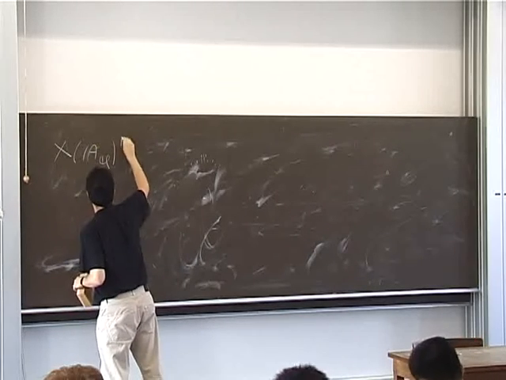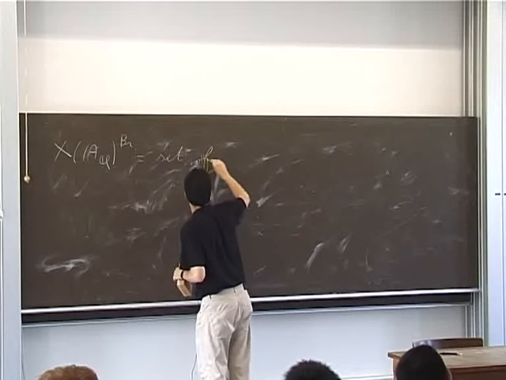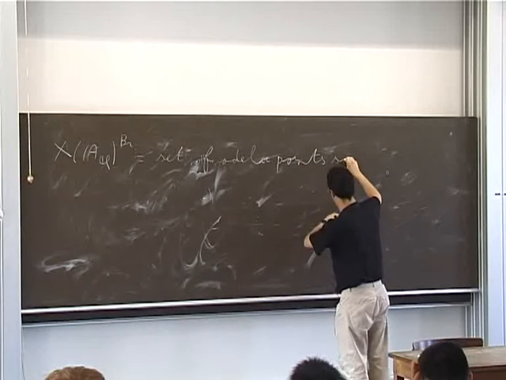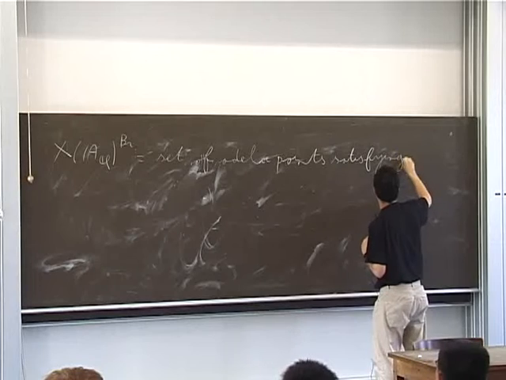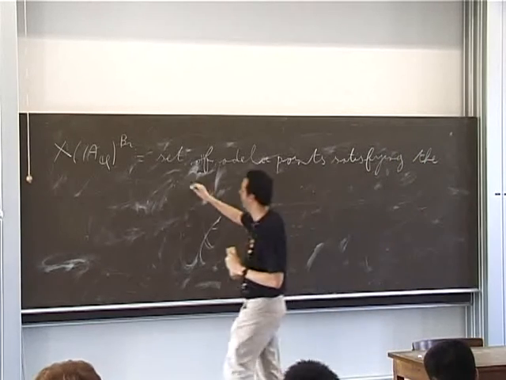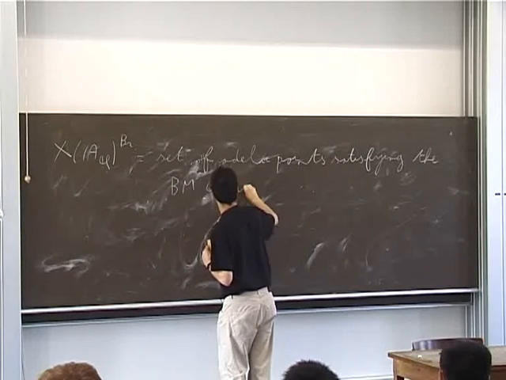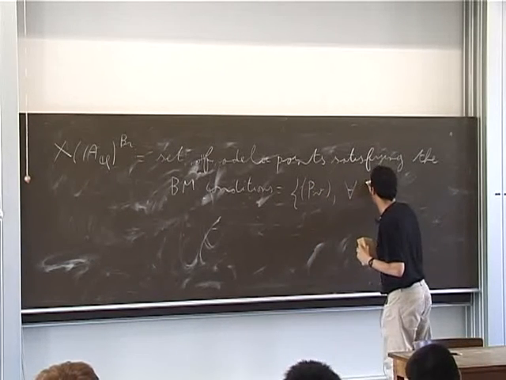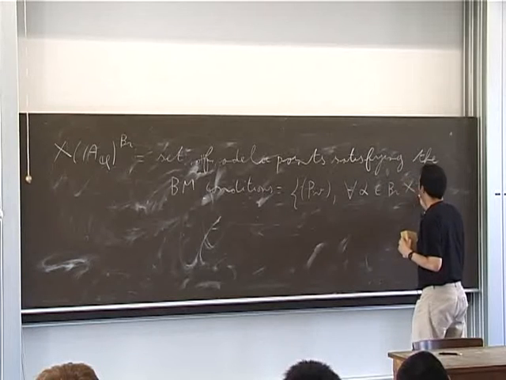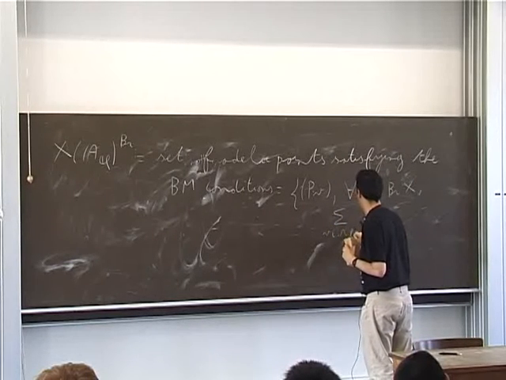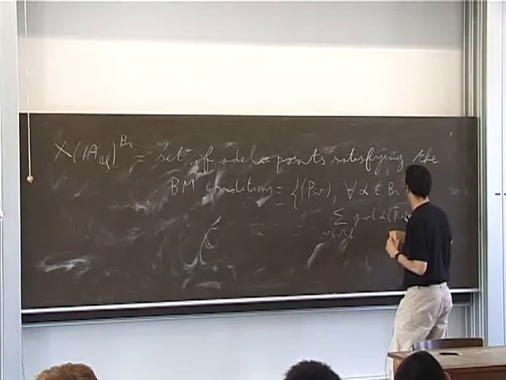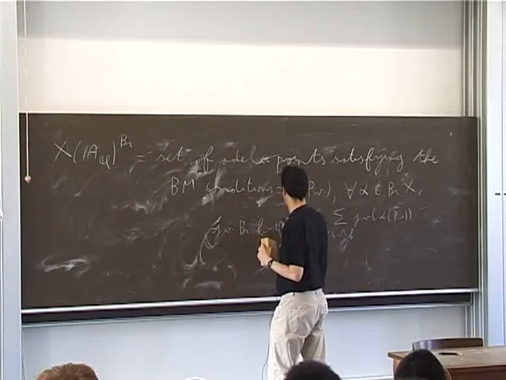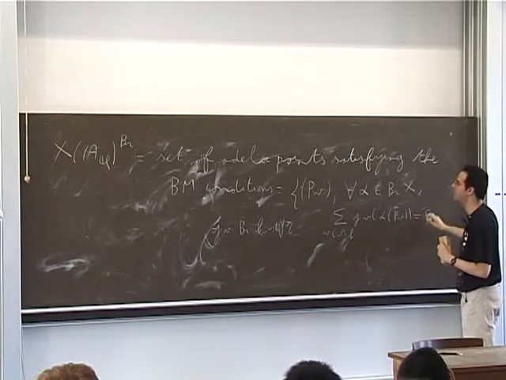X of A_Q to the power of BR. It is the set of adelic points satisfying the Brauer-Manin conditions. Namely, it is the set of adelic points P_v such that for all elements alpha in the Brauer group, if you take the sum over all places v of j_v of alpha of P_v, where j_v is the local invariant from the Brauer group of the completion K_v to Q mod Z in local class field theory, this has to be 0.